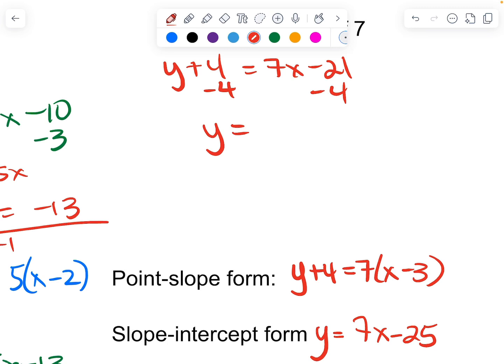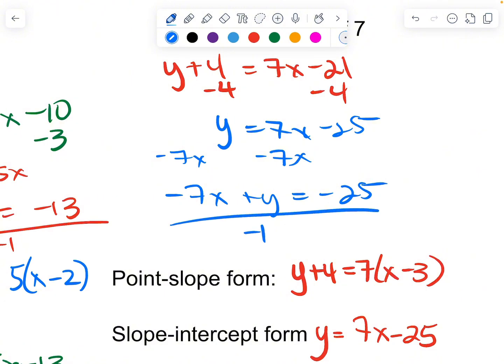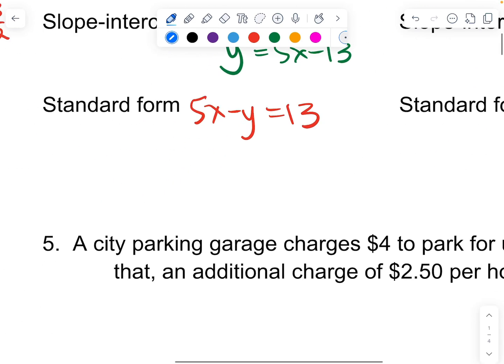And I'm going to erase this. And so y equals 7x minus 25. Subtract 7x from both sides. Get negative 7x plus y equals negative 25. Again, can't have a negative value, so I would get 7x minus y equals 25. Okay, next.